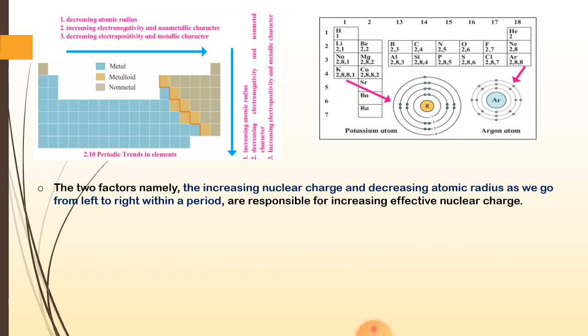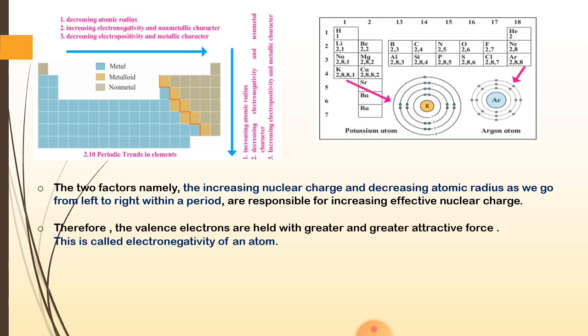There are two factors responsible for increasing effective nuclear charge. The first is the increasing nuclear charge and the decreasing atomic radius as we go from left to right within a period. Therefore, the valence electrons are held with greater and greater attractive force, and this is called the electronegativity of an atom.